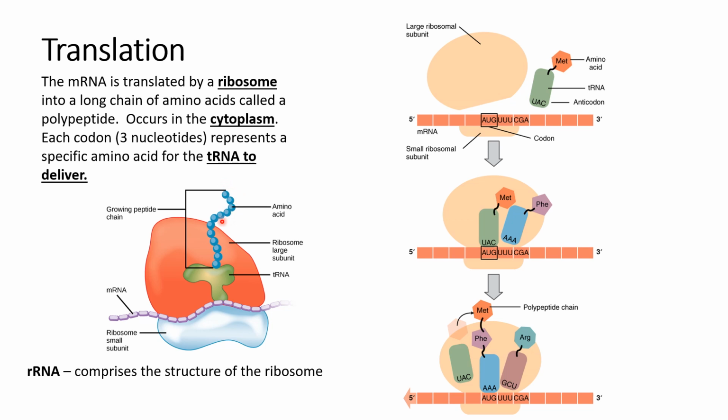So you can see these amino acids being stacked on top of each other as this messenger RNA proceeds through the ribosome. So in translation, which occurs in the cytoplasm, transfer RNA delivers the amino acids to the rRNA, the ribosomal RNA, which is the ribosome, in order to grow the polypeptide, which is a series of amino acids which form the protein.